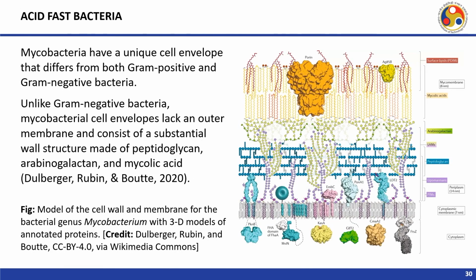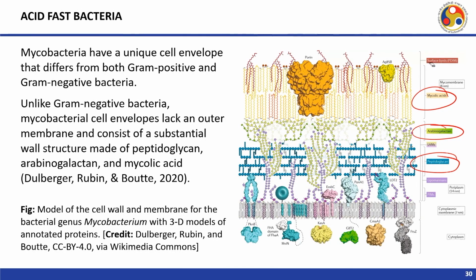Acid fast bacteria. Mycobacteria have a unique cell envelope that differs from both gram positive and gram negative bacteria. Unlike gram negative bacteria, the mycobacterial cell envelope lacks an outer membrane and consists of a substantial wall structure made of peptidoglycan, arabinogalactan, and mycolic acids.